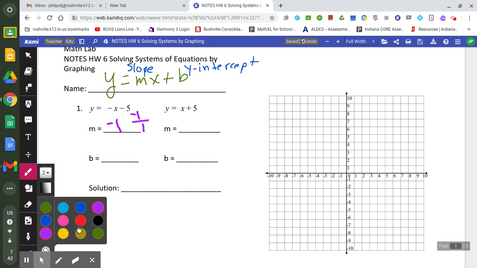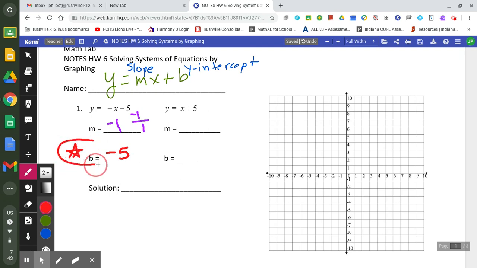And then my y-intercept is this number here at the end, -5. And this is where you begin graphing, is at the b. So I am going to start there at -5. And then I'm going to go down 1 and to the right 1. So down 1 to the right 1 and make a point, down 1 to the right 1.